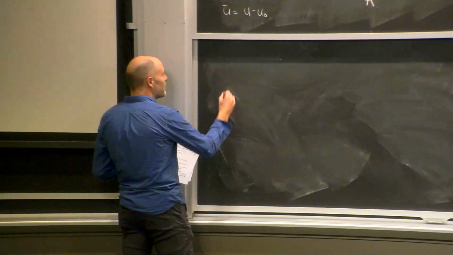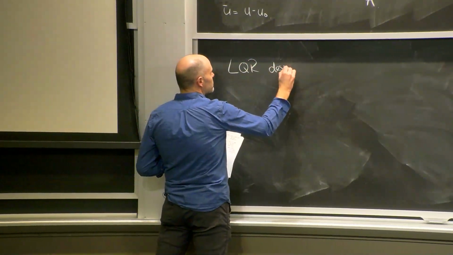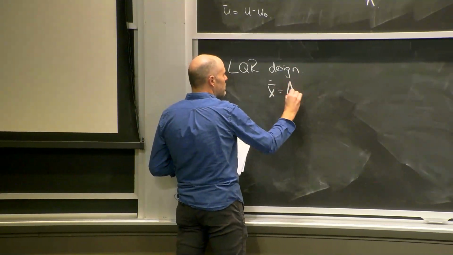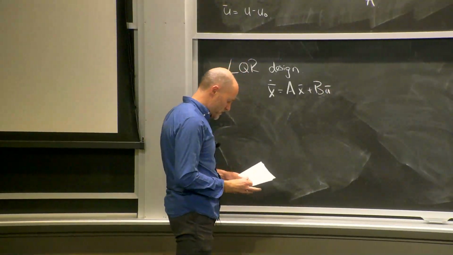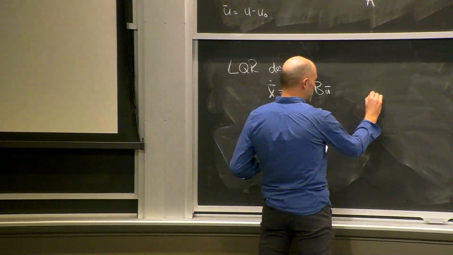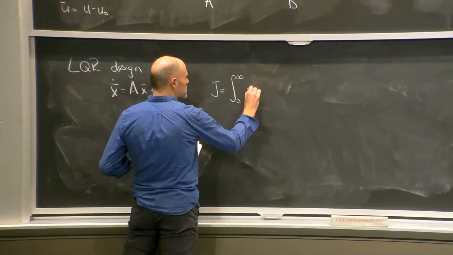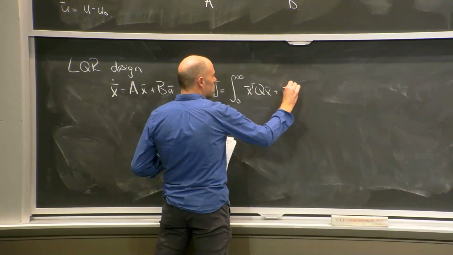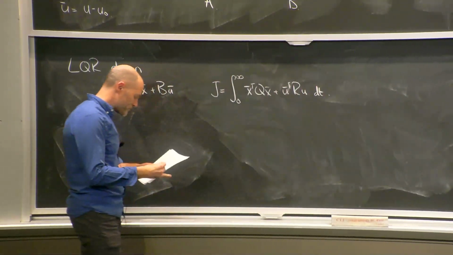Okay, so we can do LQR design, right? To try to find the stabilizing controller. We have our x bar dot equals A x bar plus B u bar. So we have our system. We're going to try to minimize a cost function, which is going to be an infinite horizon integral of x bar transpose Q x bar plus u bar transpose R u bar dt.